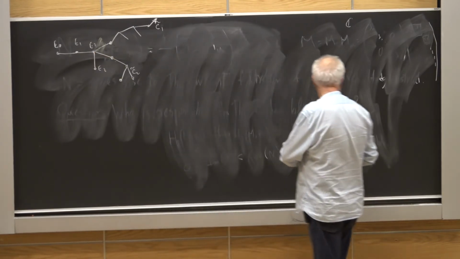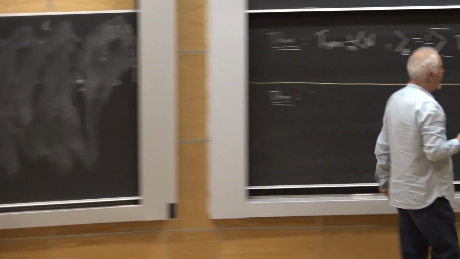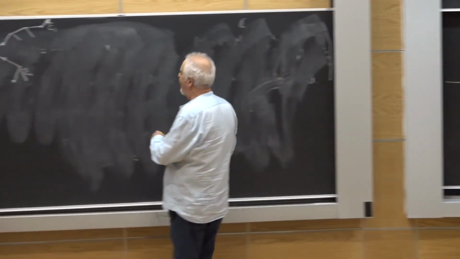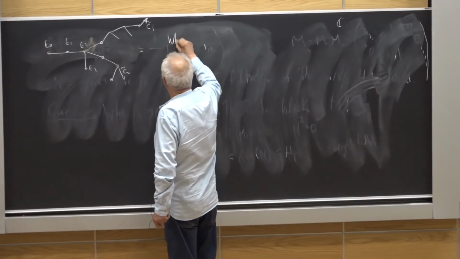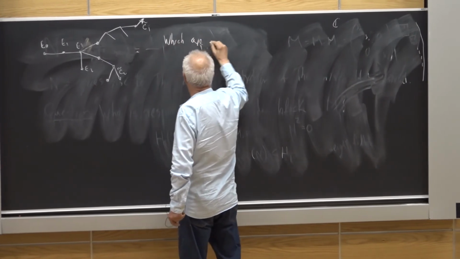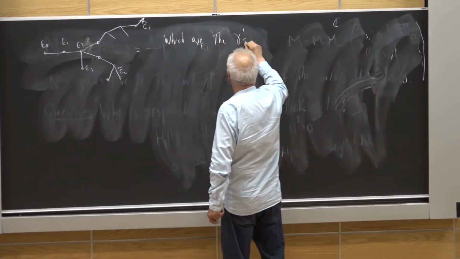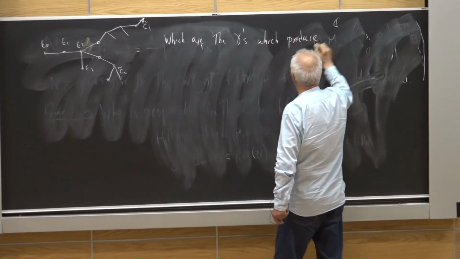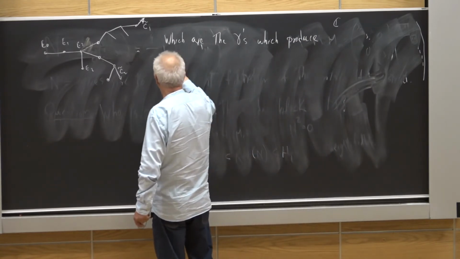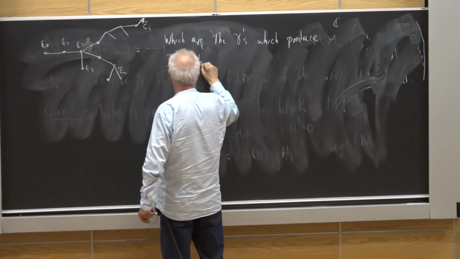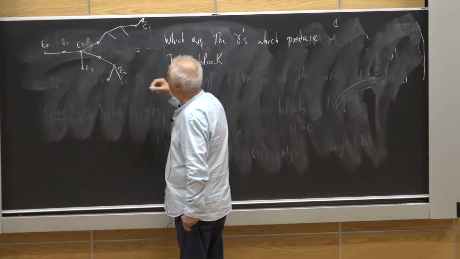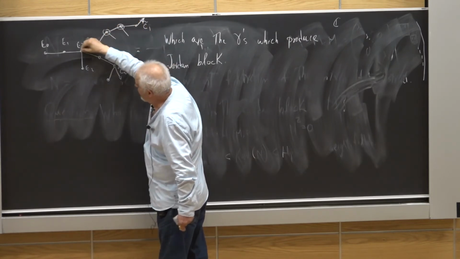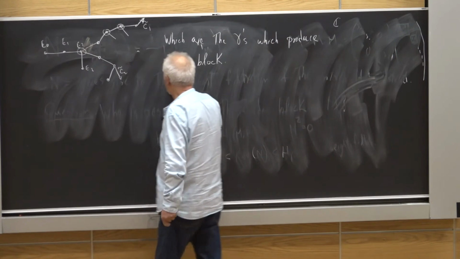So how do I know which are the gammas which produce the Jordan blocks? So these points where there are valency 3 or more, well, for example, this one has more valency, are called rupture points.